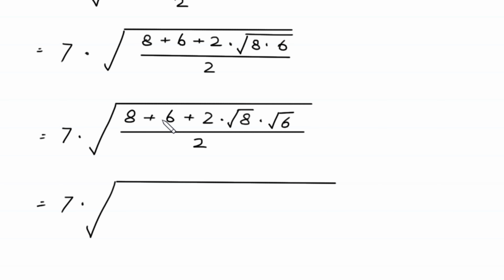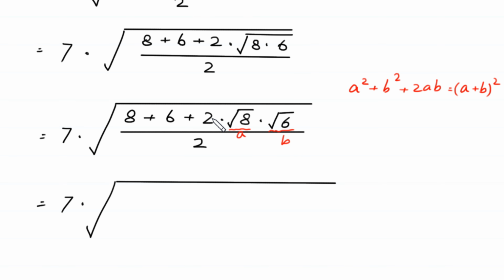Next, 7 times square root of, we want to write this expression as a perfect square, like this algebraic identity a squared plus b squared plus 2ab is equal to a plus b whole squared. In this expression we have this term square root of 8 as a and this term square root of 6 as b.